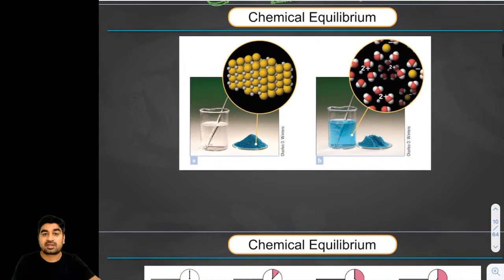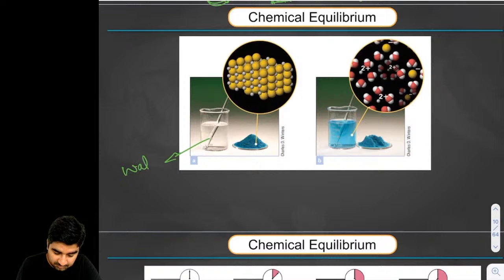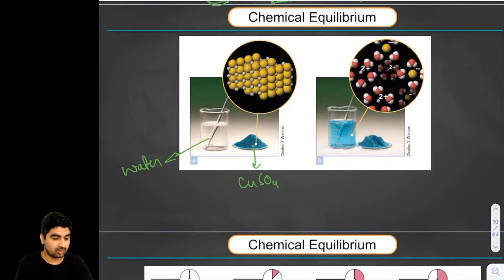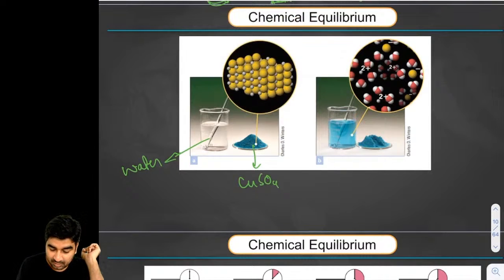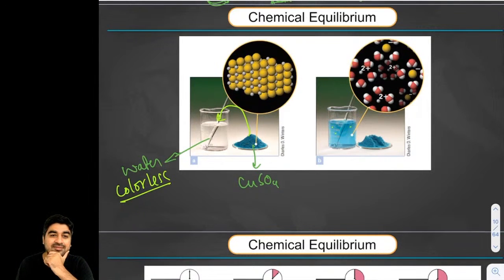So, guys, let me take one more example. Here, this is water and this is copper sulfate. When you add copper sulfate, you can see this was colorless, but after adding the copper sulfate, it has become colored.